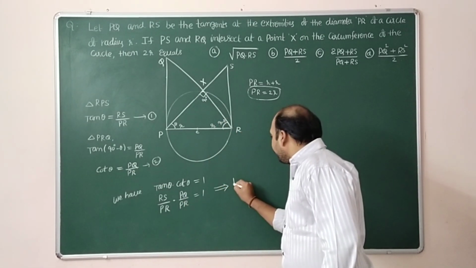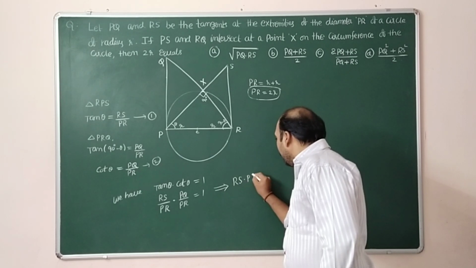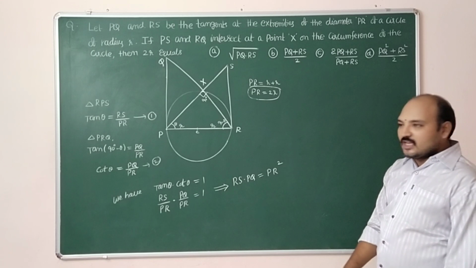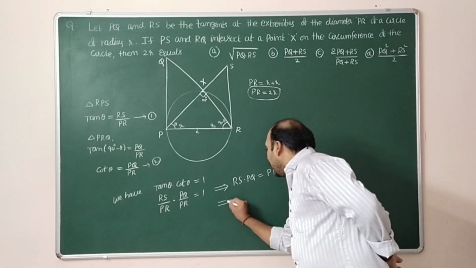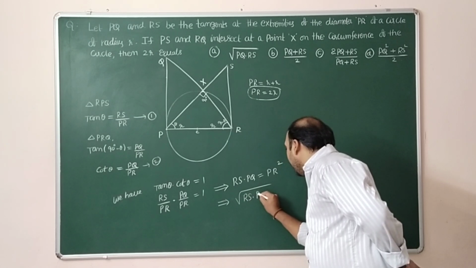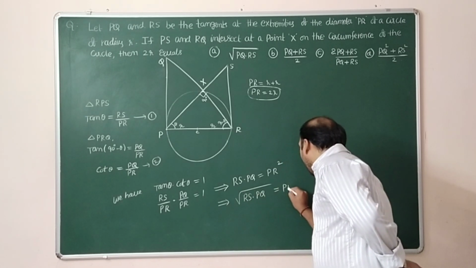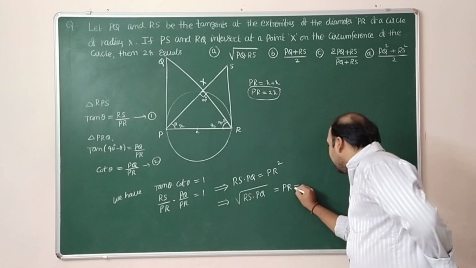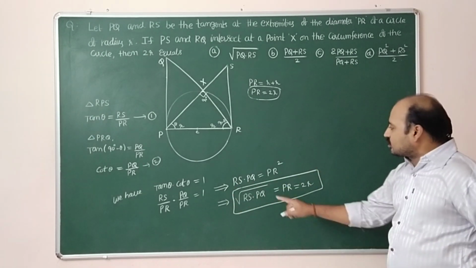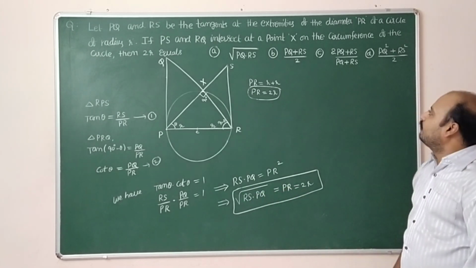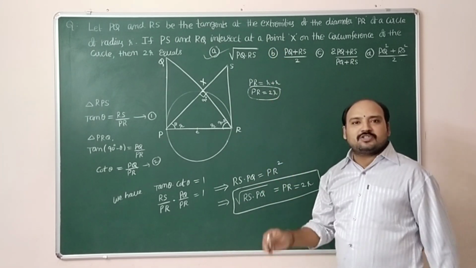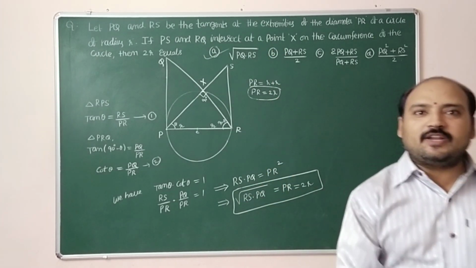So that implies RS into PQ is equal to PR square. But they are asking PR. So that implies the square root of RS into PQ is equal to PR. So PR in the sense 2R. So 2R equal to PR, which is the square root of RS into PQ, which is there in the first option. I hope everyone understands that. We'll move to the next question.